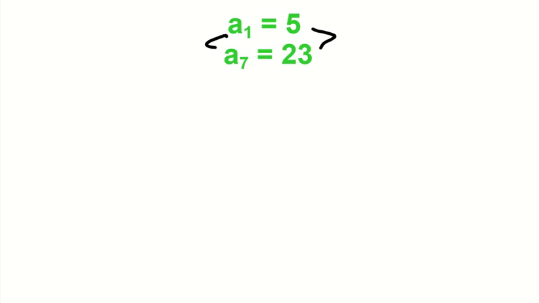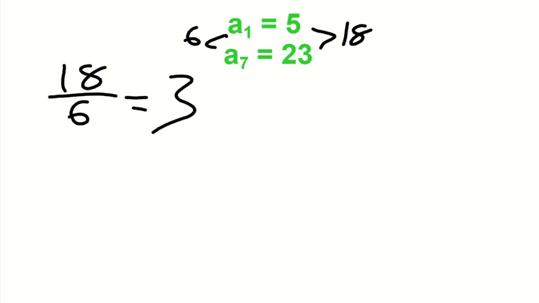5 to 23, how much does that change? 18. 1 to 7, how much does that change? 6. So we'd have 18 over 6, that's 3. All right, so basically that's our slope.